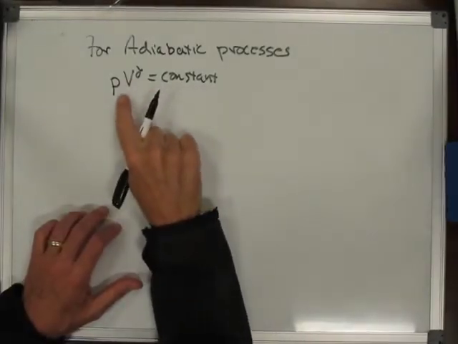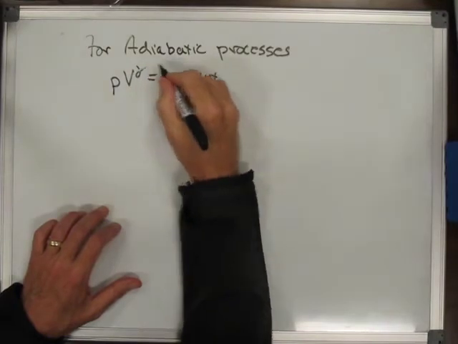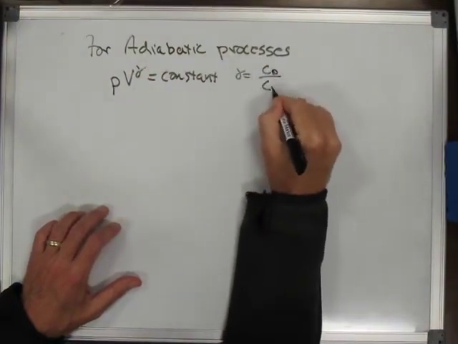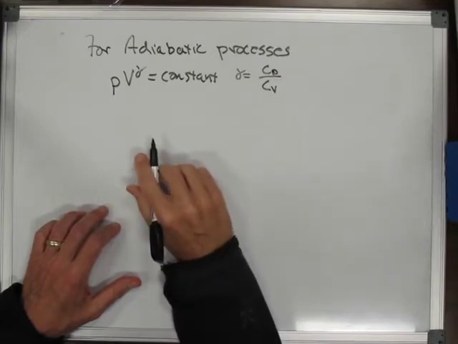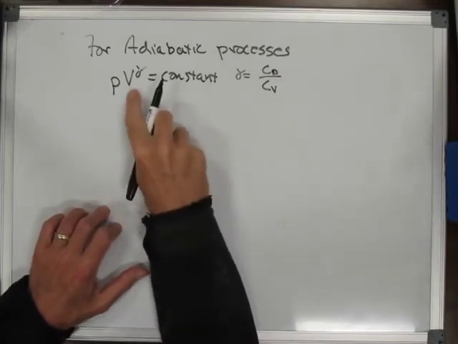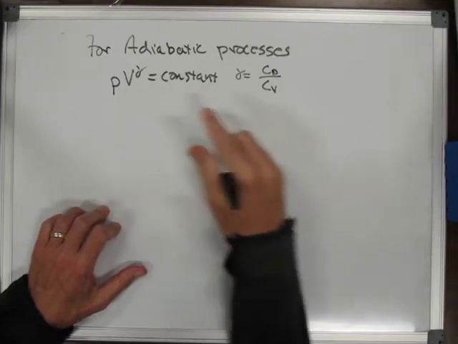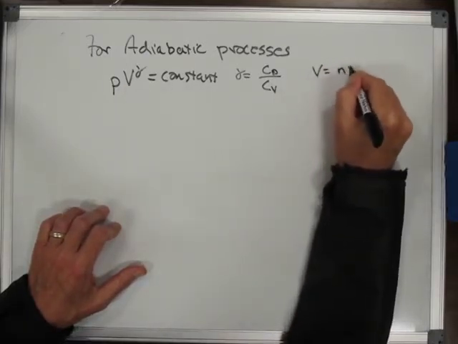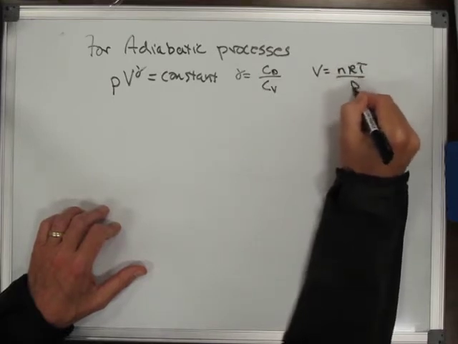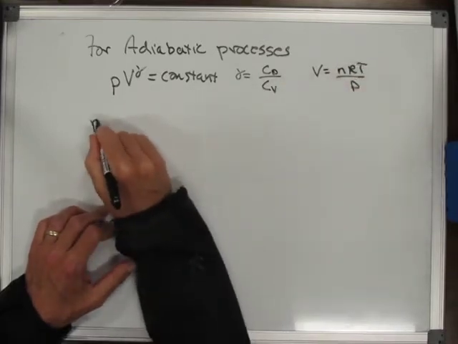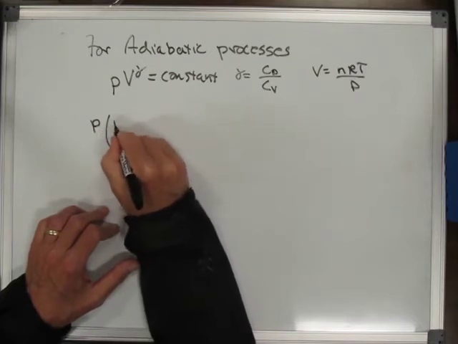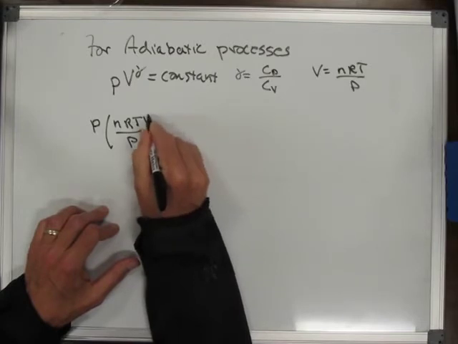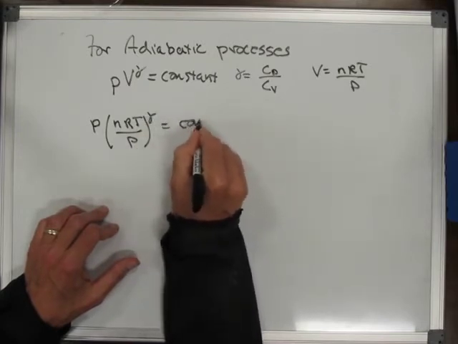So for adiabatic processes, we said PV to the gamma is a constant. Again, gamma is the ratio of the heat capacity at constant pressure to the heat capacity at constant volume. And so I can use the ideal gas law to get slightly different versions of this. For example, I can say V is equal to nRT over P, and then I can substitute it, so I can say P times nRT over P to the gamma is a constant.